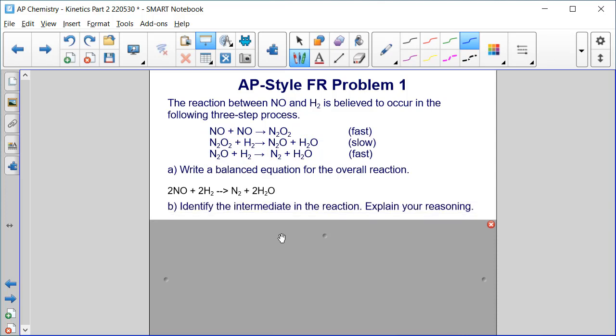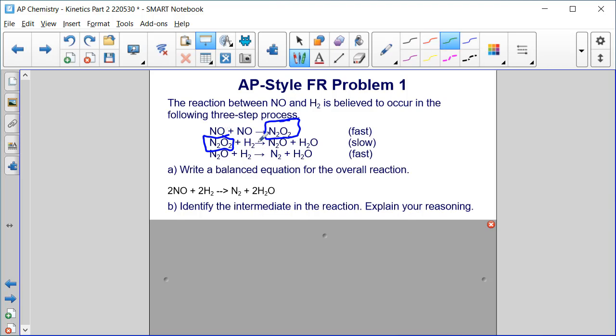Okay. Now that we have a balanced equation, identify the intermediate in the reaction and explain your reasoning. Remember that intermediates don't appear in the final reaction, so it can't be any of these things that we just wrote here. Also remember that intermediates first appear as products. So we create an intermediate in one step that we then use as a reactant, or consume, in another step. This N2O2 is produced in one step, consumed in the next step.